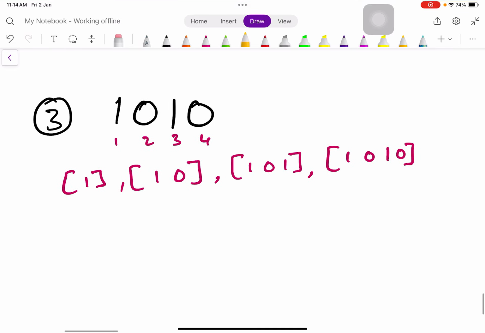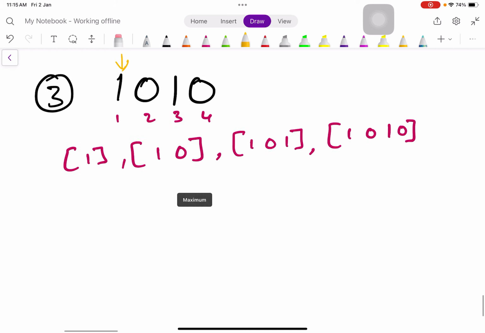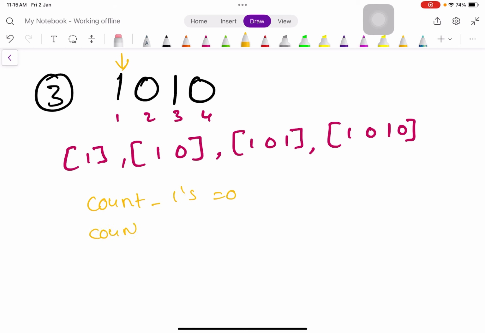Initially, I will start from the first index. Initially my count of ones is 0, my count of zeros is also 0, and the answer variable is also 0. Right?